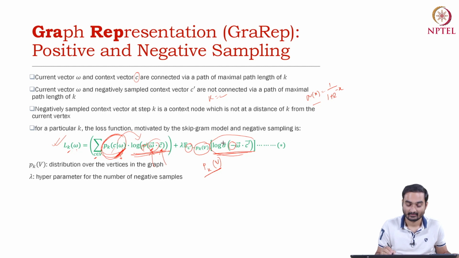So, it means that we give more weightage here and less weightage here. If we maximize this, we maximize this component and minimize this component. So, this is the idea of GraRep.